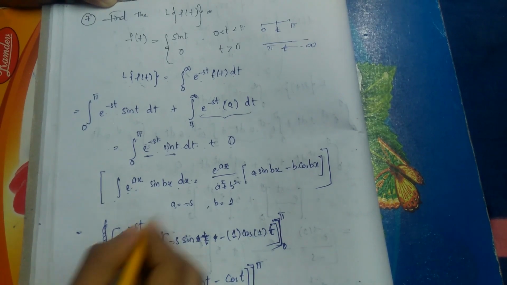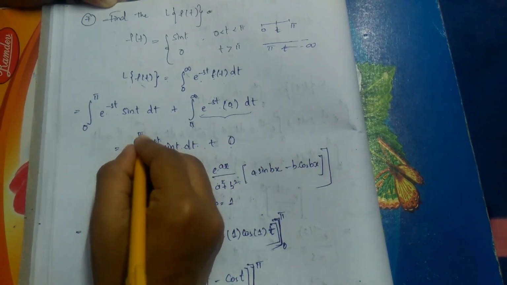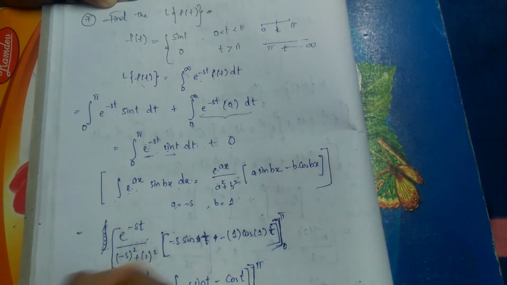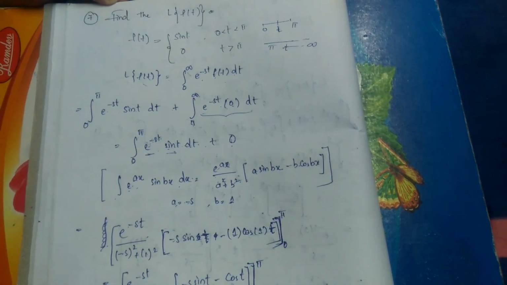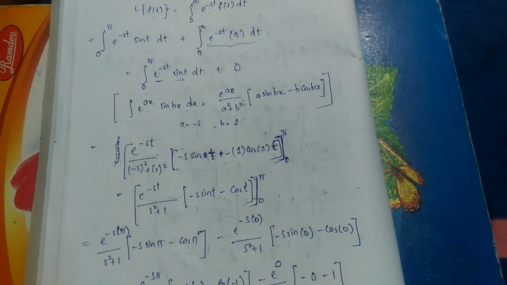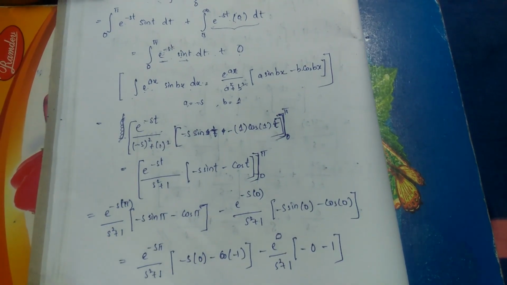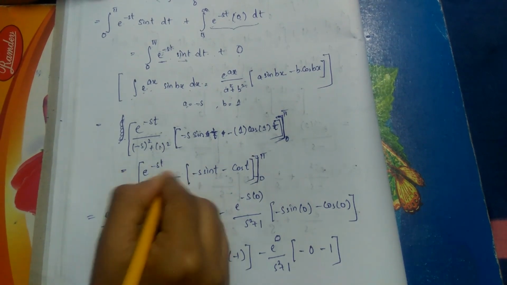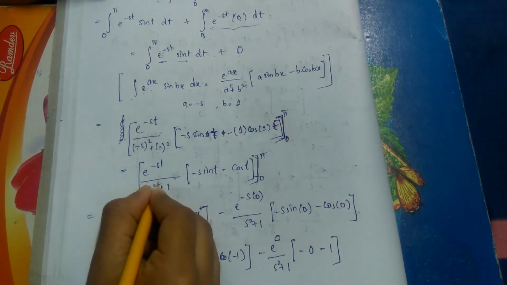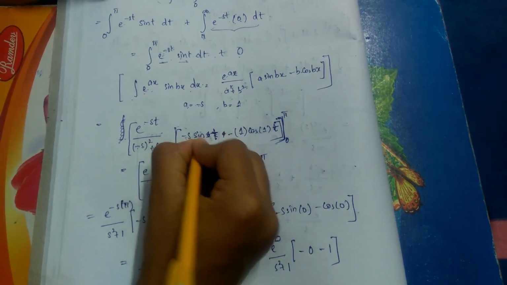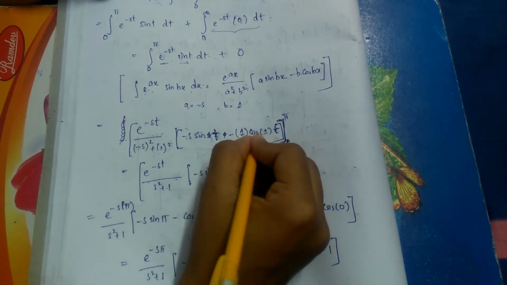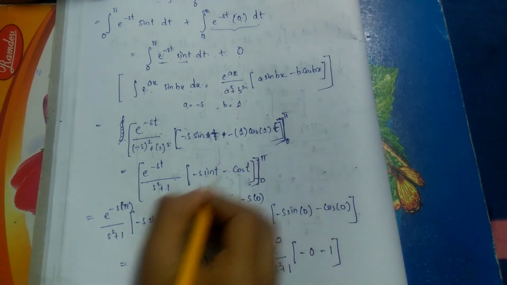And after integration we have to apply the limits from 0 to pi, and these limits are for the whole function. Then e power minus s t by s square plus 1 square into minus s sin t minus cos t, and limits are from 0 to pi.